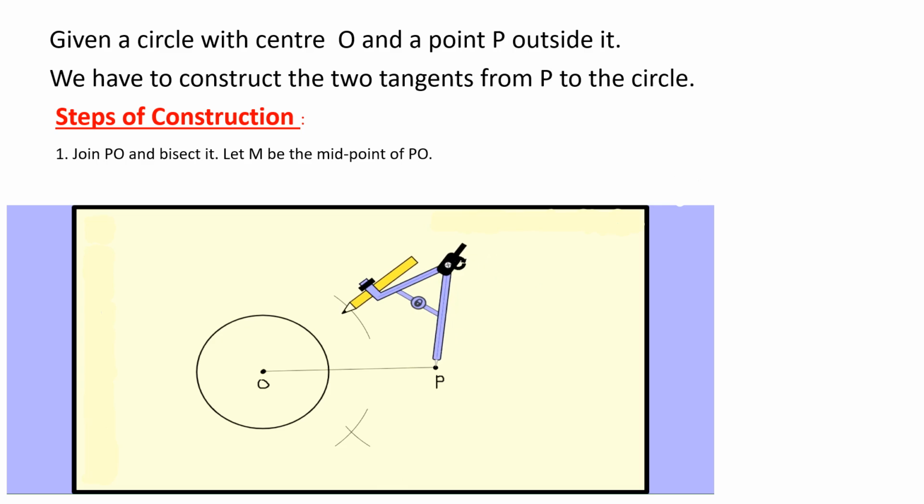So after the process of taking these arcs, you will get the points of intersection of the two arcs. Now we'll mark those 2 points of intersection, join them using a scale. And when we join these 2 points, that line will touch somewhere at OP.